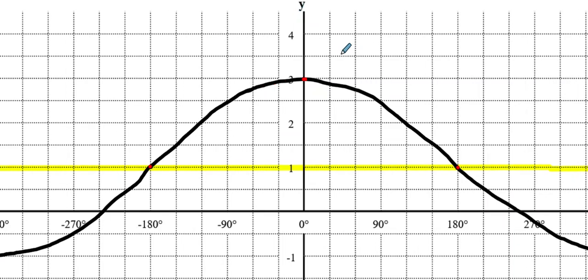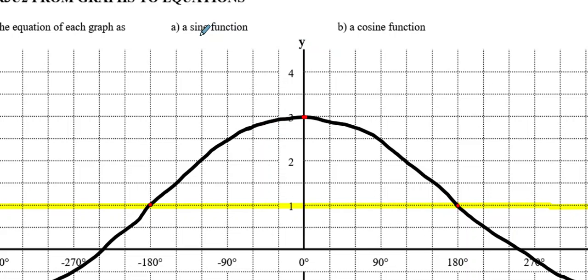Now, second thing you're going to need to think about for the sine function: just in general, if you were to graph the sine function, where does it start? Well, it actually starts on the axis of the curve. So that's why the axis of the curve is so important to your sine wave. A sine wave starts on the axis of the curve and usually goes up first. So what point would you use? Would you use this one? This is on the axis of the curve.